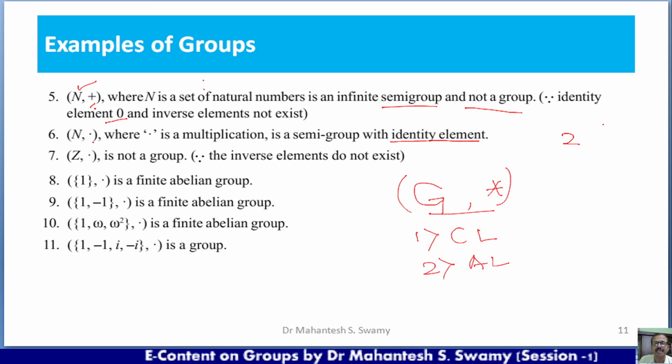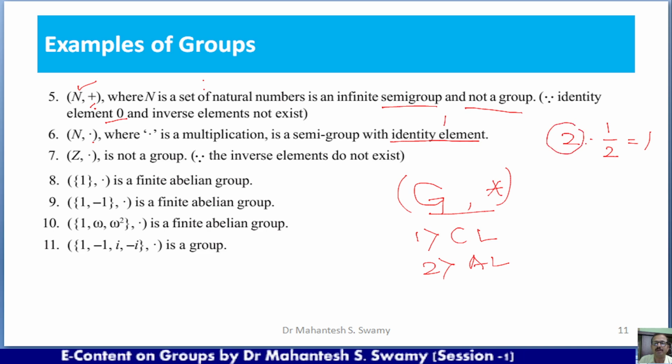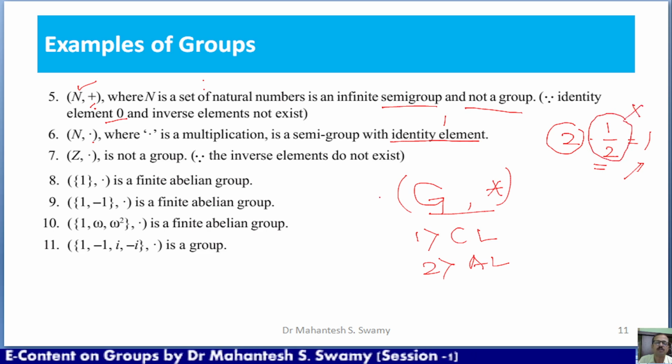Its inverse is 1 by 2, because when you multiply 1 by 2 and 2, the answer should be the identity element 1. We have said that the identity element is 1 with respect to multiplication. So with 2 you have to multiply 1 by 2 so as to get the identity element 1 back. But we observe that this 1 by 2 is not present in the set of natural numbers. Therefore, the set of natural numbers is not forming a group with respect to multiplication.